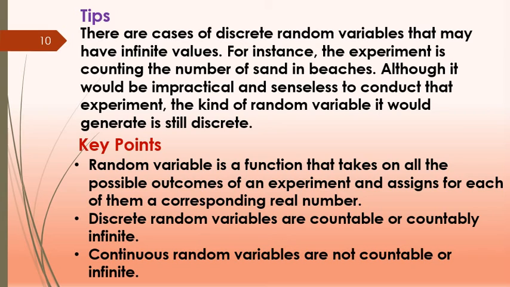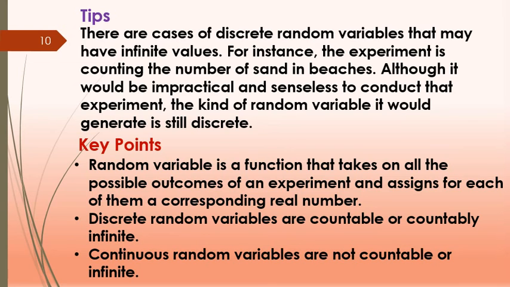Here are the tips on how you will identify discrete or continuous random variables. There are cases of discrete random variables that may have infinite values or are senseless to count because it is infinite. For instance, the experiment is counting the number of sand in beaches.